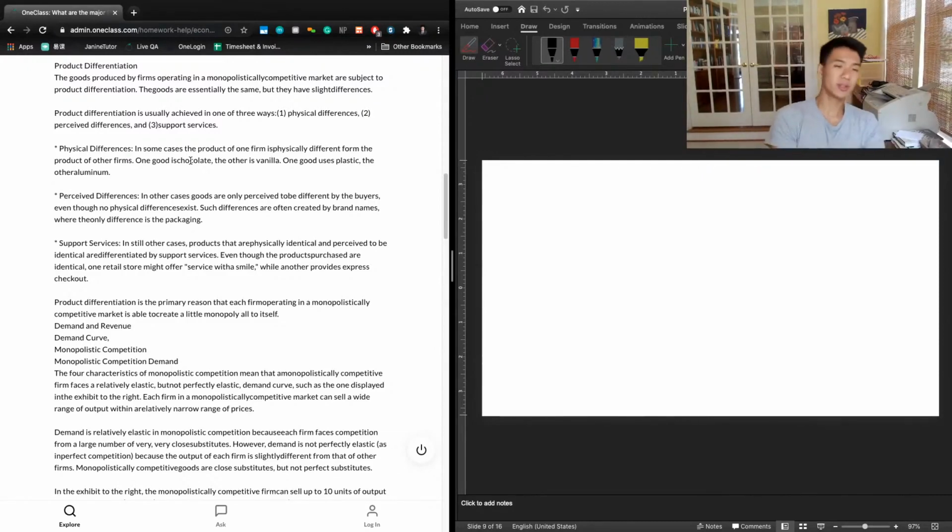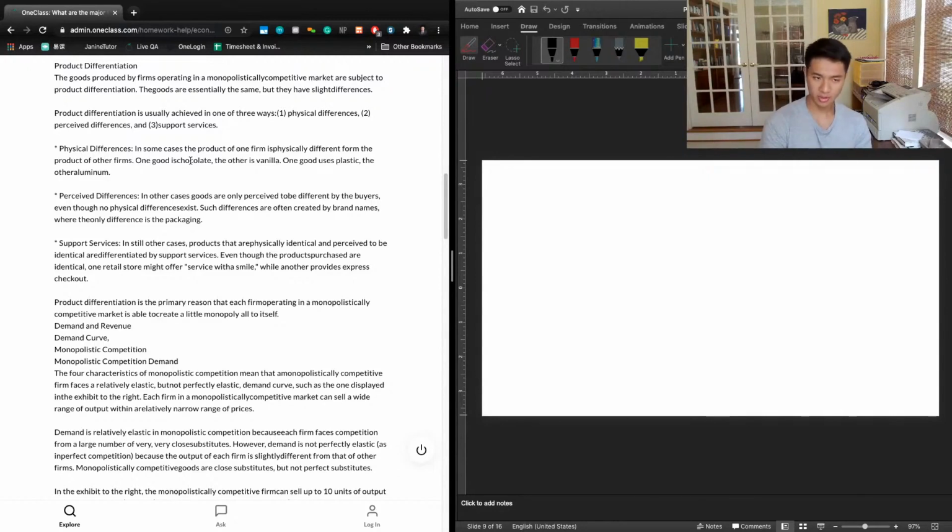Number 1, physical differences. In some cases, the product of one firm is physically different from the product of another firm. One good is chocolate and another is vanilla. One good uses plastic, the other aluminum. Number 2, perceived differences. In other cases, goods are only perceived to be different by the buyers, even though no physical differences exist. Such differences are often created by brand names, where the only difference is packaging.